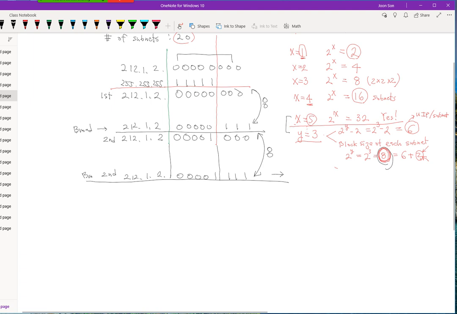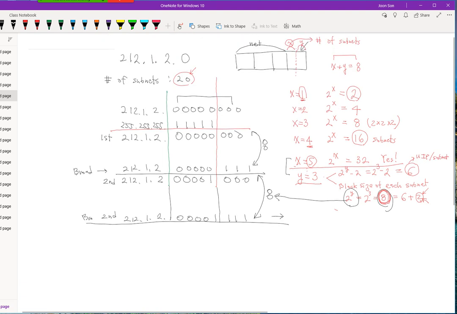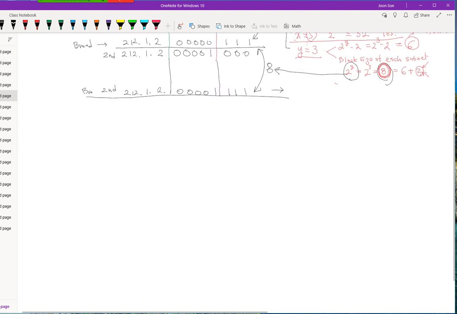And there's another formula you can use. You can find the block size from 2 to the y, right? Or I told you that there is a formula, which is, since for class C we are only interested in the fourth octet, another formula you may use is 256 minus x.